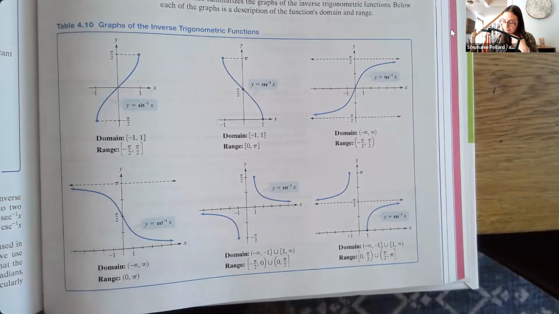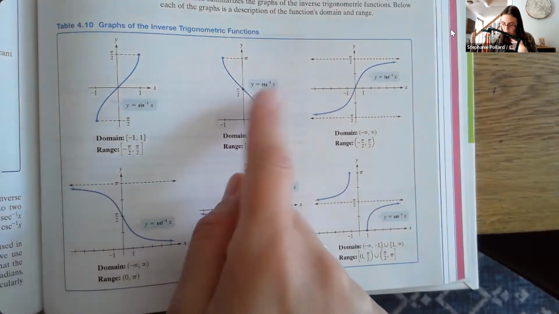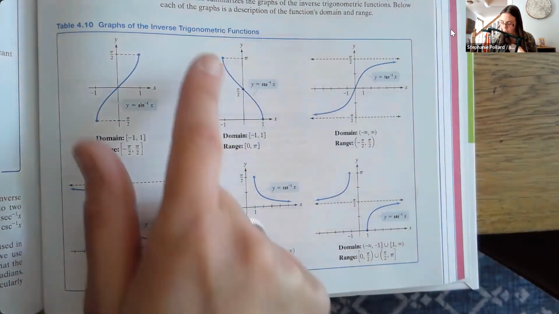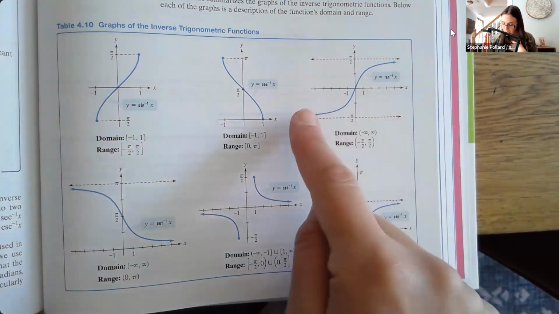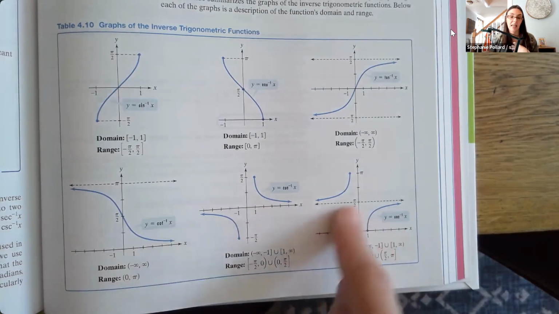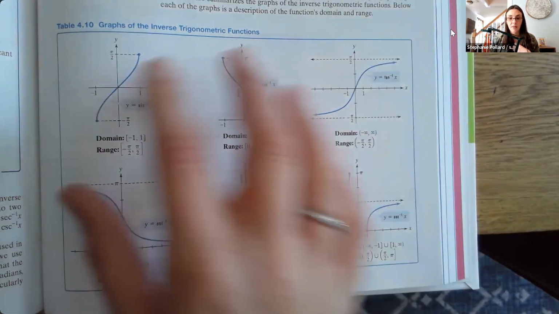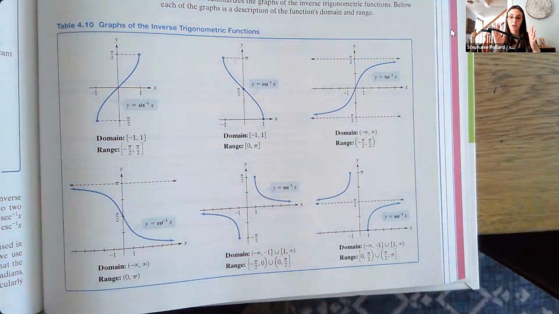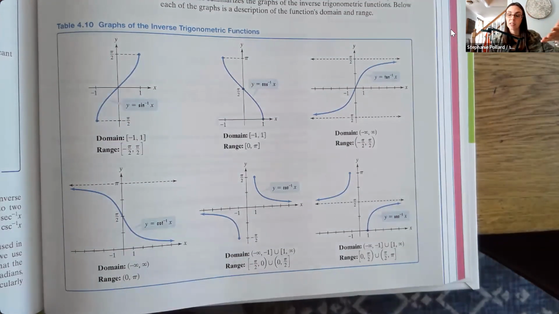So this is what your inverse sine function looks like, your inverse cosine, inverse tangent, inverse cotangent, inverse cosecant, and inverse secant. So they do have graphs as well. And again, they typically have restricted domains and ranges based on the original functions being restricted to get them to pass the horizontal line test.